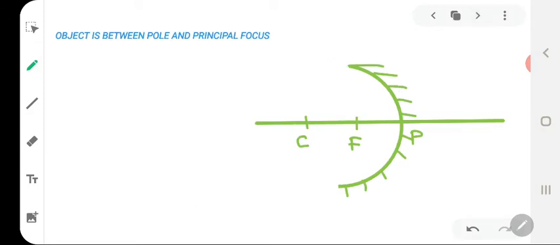Let's come to the next situation, when the object is between the pole and the principal focus. So this is the object which is kept between the pole and the principal focus. Let us name it as A and B. Now the first ray of light traveling parallel to the principal axis passes through the focus after suffering reflection.